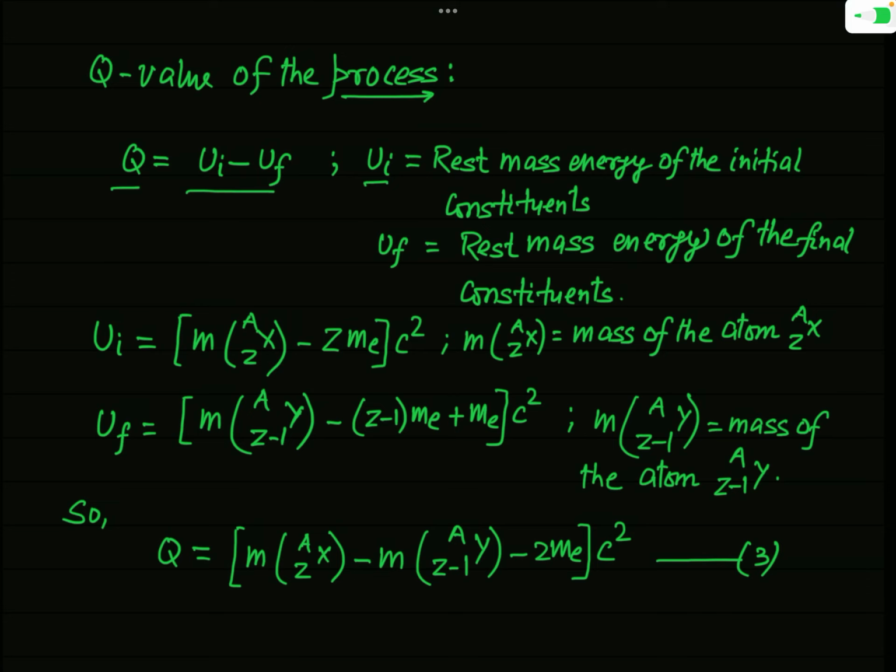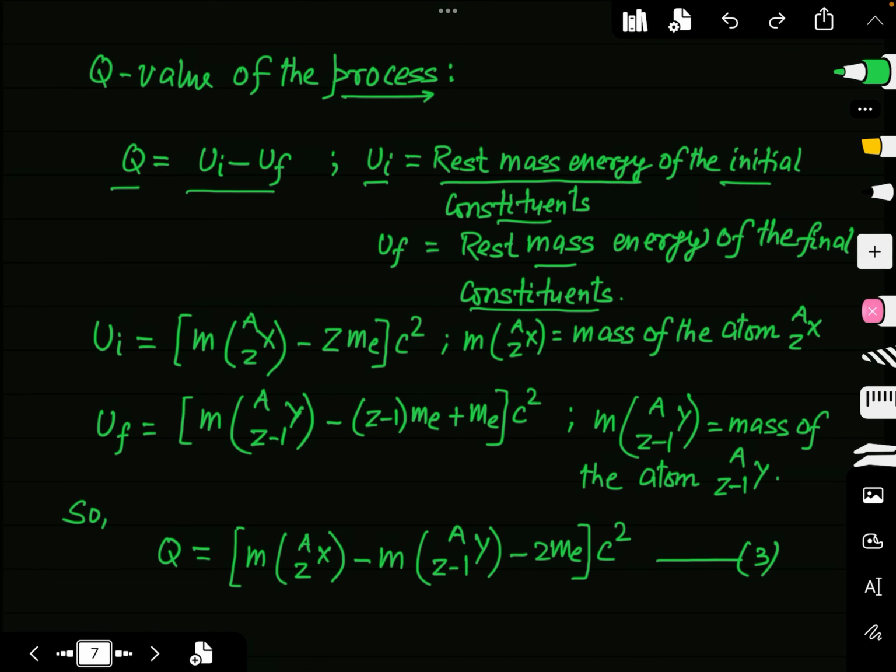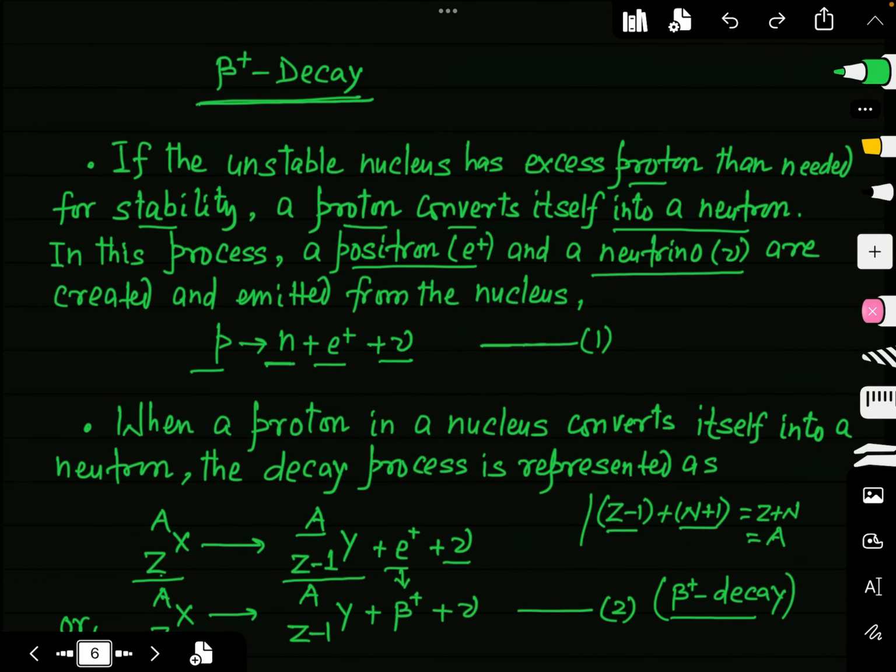Ui is the rest mass energy of the initial constituents, and Uf denotes the rest mass energy of the final constituents. Now see equation number 2, and find Ui and Uf.